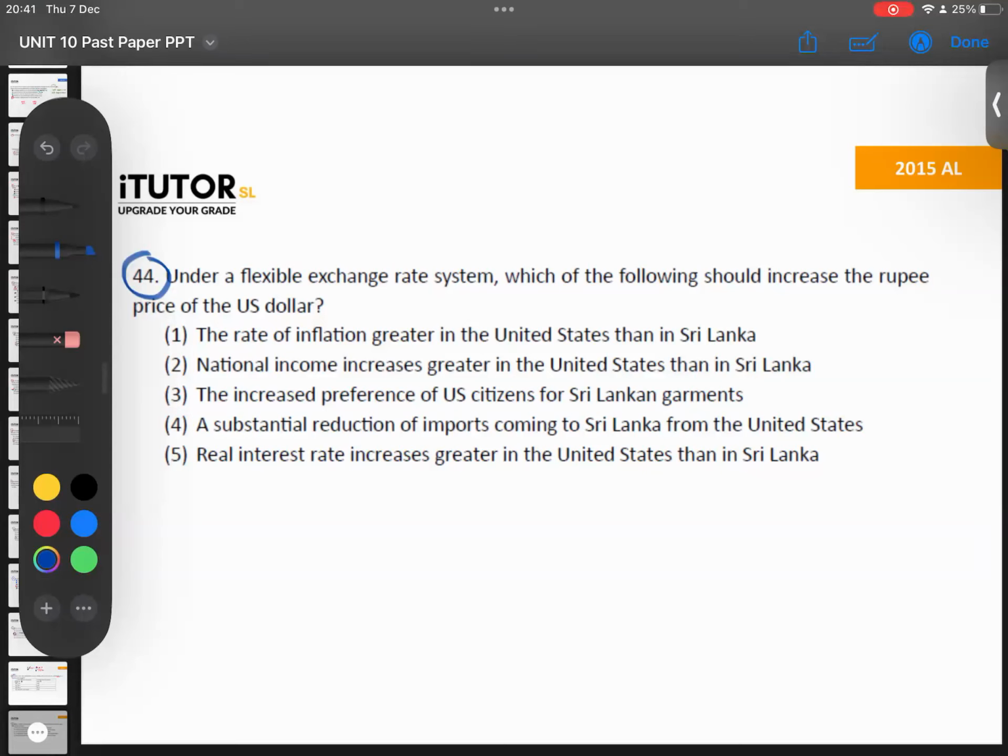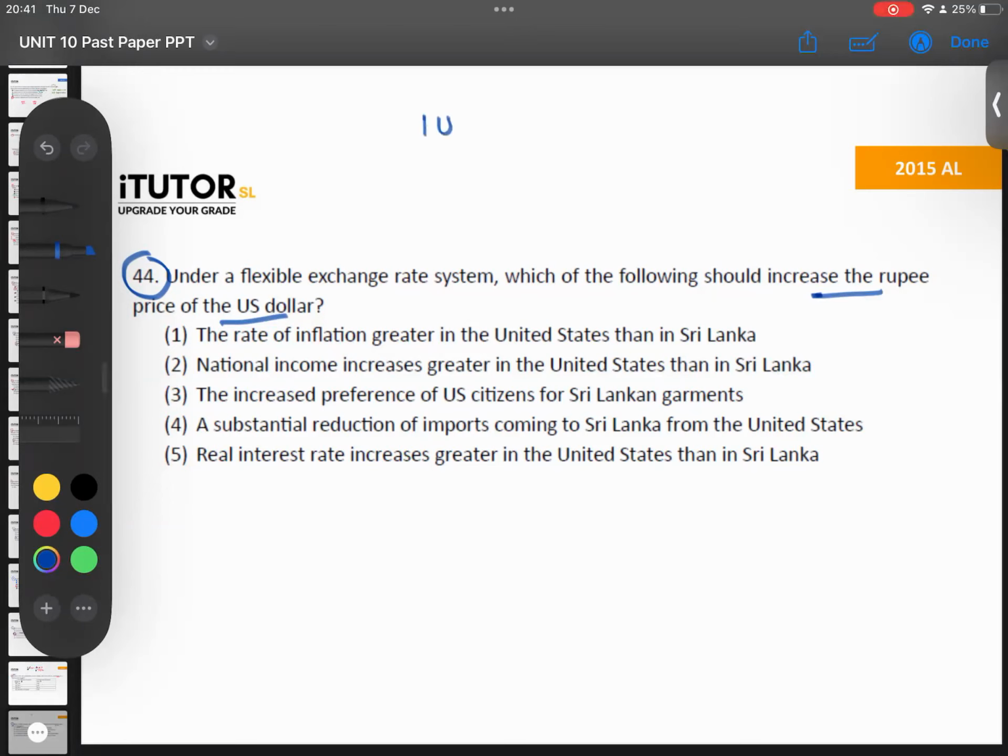44. Under a flexible exchange rate system, which of the following should increase the rupee price of the US dollar? Now, be very careful with this. Increase in the rupee price of the US dollar.